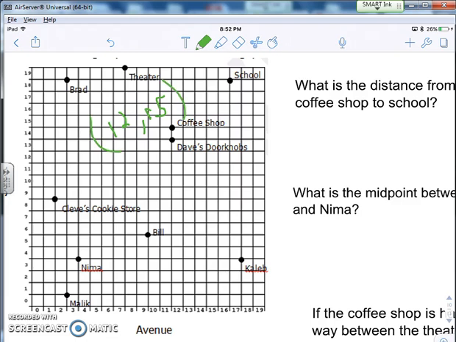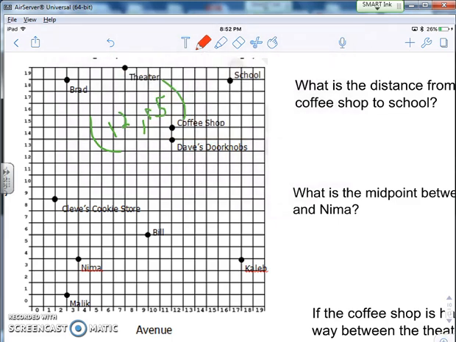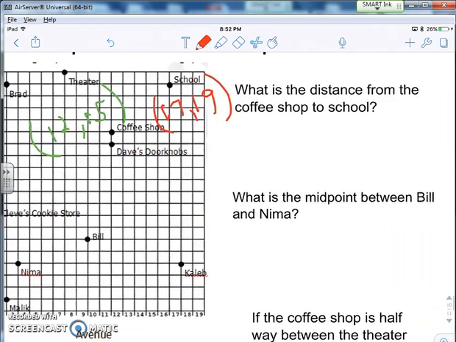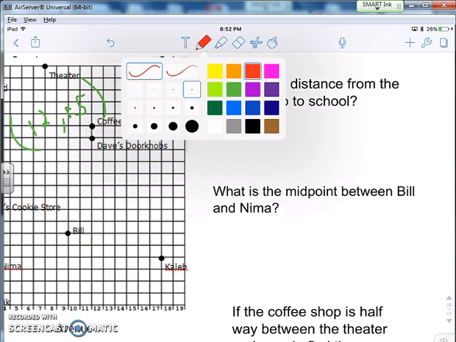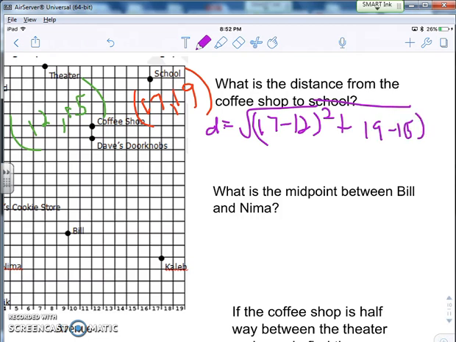The school, well, it's pretty near the top, so it might be easier to count backwards. So 1 down on the y is going to be 19, and 19, 18, 17 on the x. So our distance, using our distance formula, the square root of x minus x squared, 17 minus 12, plus 19 minus 15 squared.